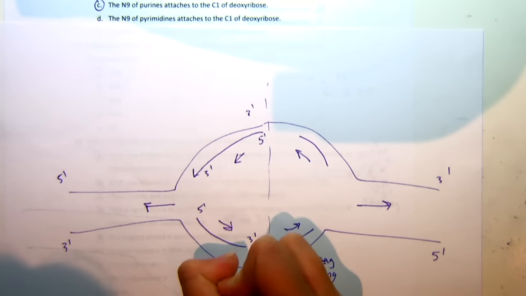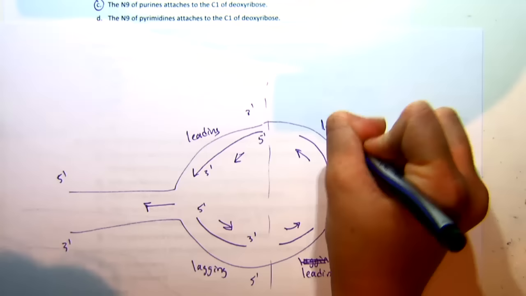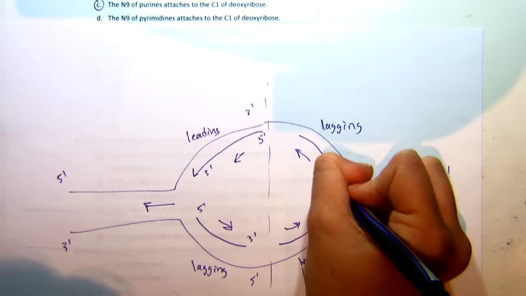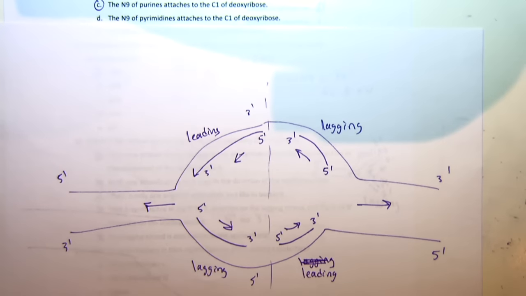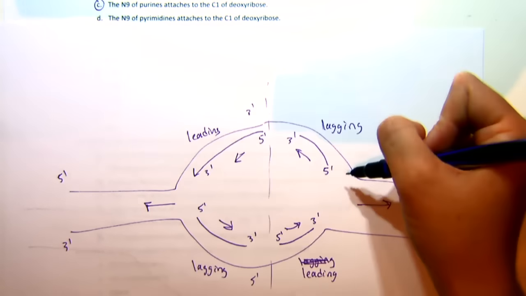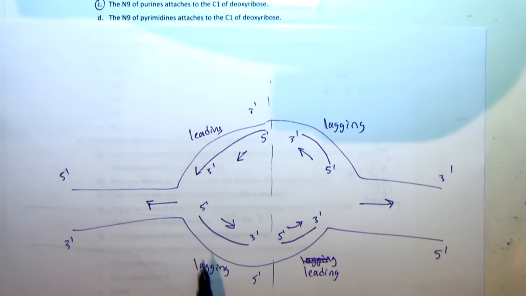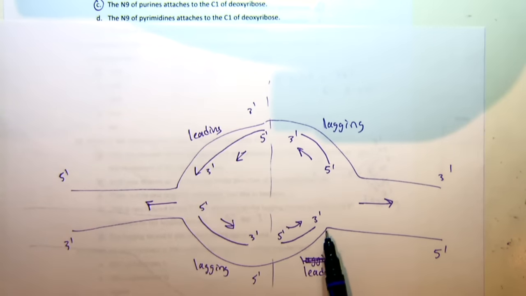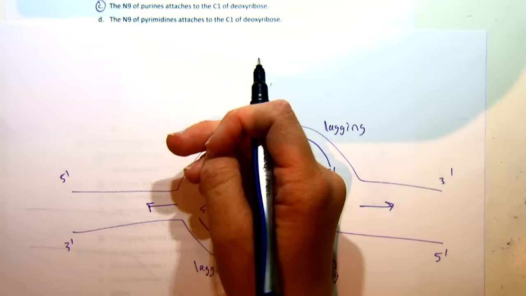Because this is lagging, this is leading, so this is lagging, because this is still going from 5' to 3'. Does that make sense? So it's always going to be going this direction because that's the 5' to 3' direction, and this one's always going to be going 5' to 3' this way. It just depends on at what point are we going the same direction as the opening and at what point are we not going the same direction.